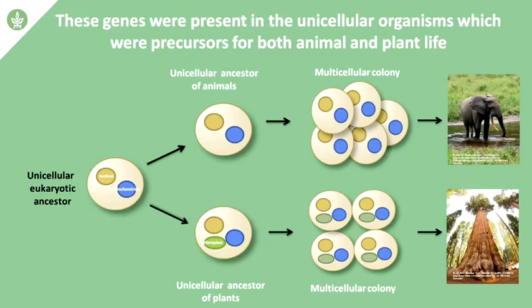These genes were necessary for all cells to survive. So animals have these genes, plants have these genes. At the cellular level, their function is the same. At the functional level of the organism, you're going to get different types of results. Ears, hairs versus root hairs, for example.